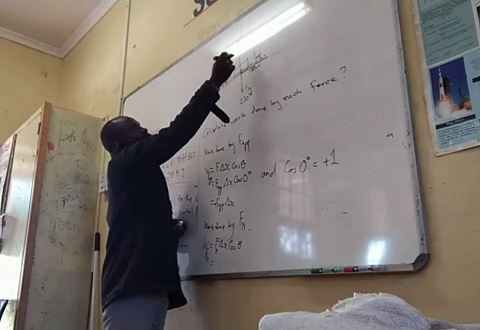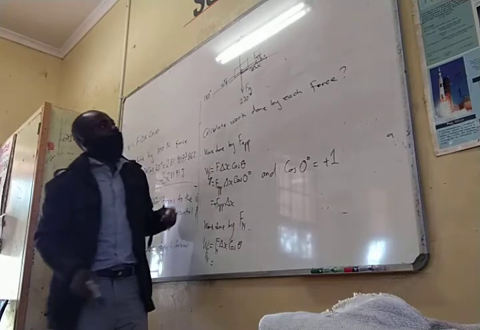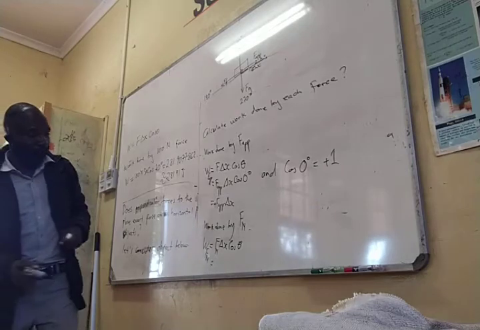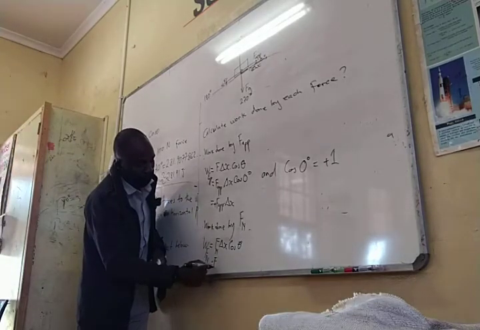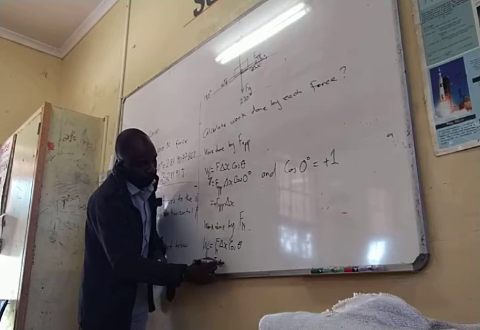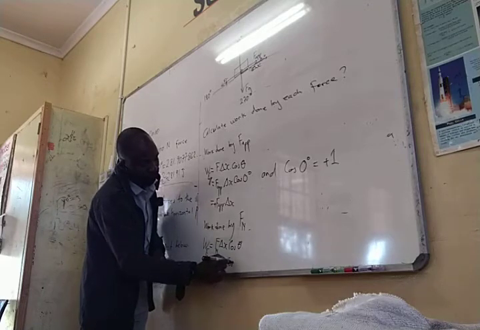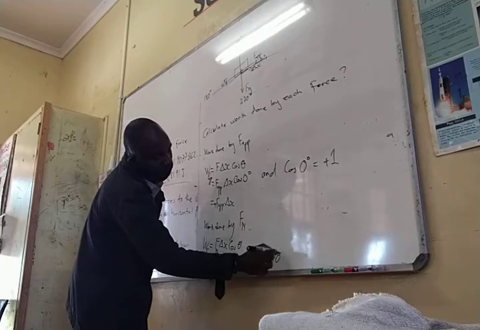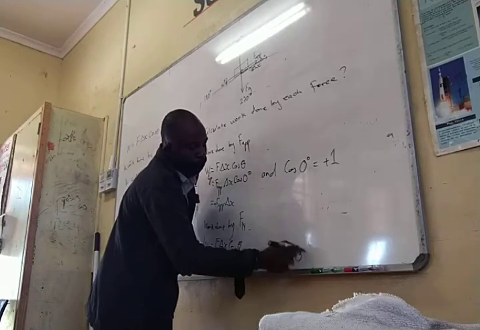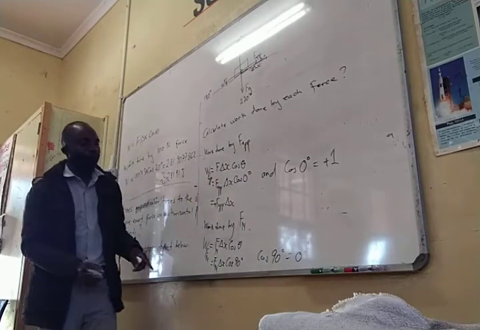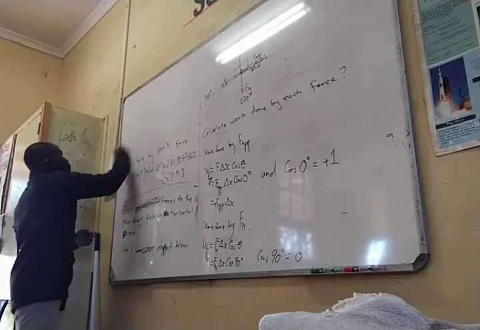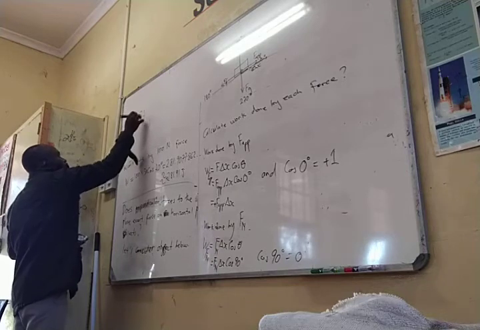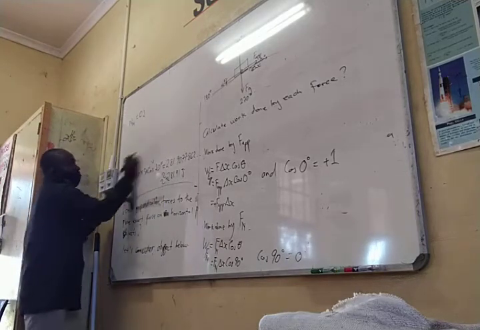The angle between delta x and Fn is 90 degrees. Cos of 90 is 0. So the work done by the normal force equals 0 joules. No work is done by this force.